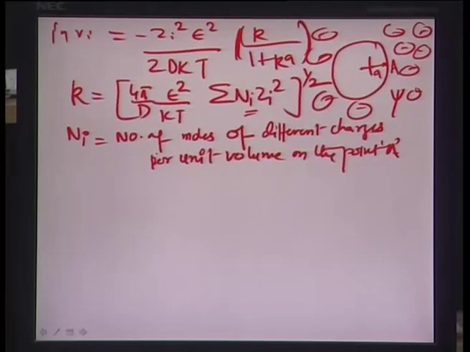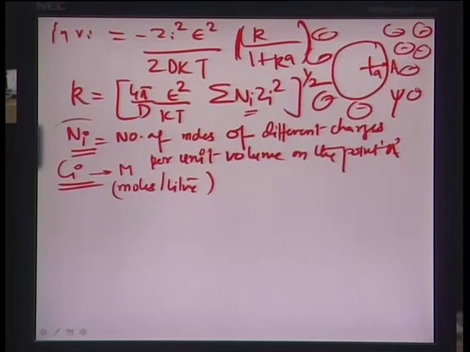So, we can really express this in terms of the concentration of the various ions that are there in the solution, and from which we formulated the mean concentration. Since Ci is in terms of molar or moles per liter, and this Ni was per centimeter cube, because it was all CGS units which were used at the beginning of the 19th century to explain a majority of the problems related to charge in chemistry.